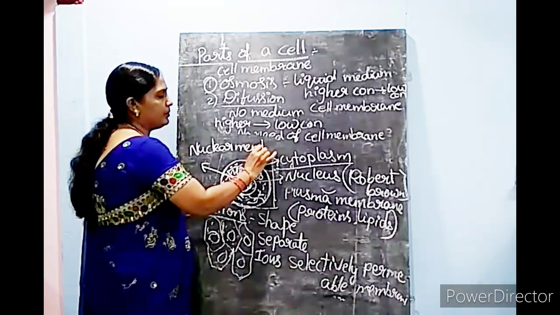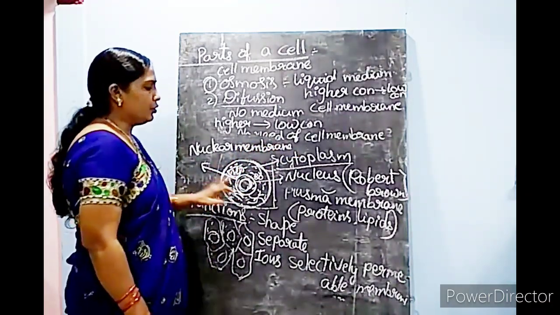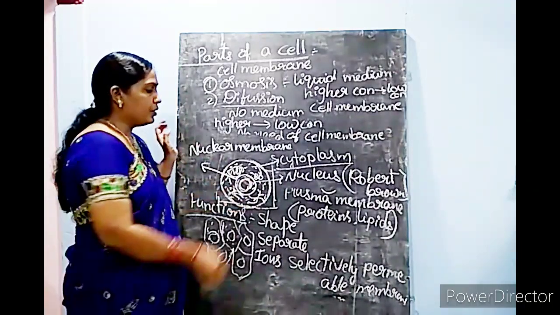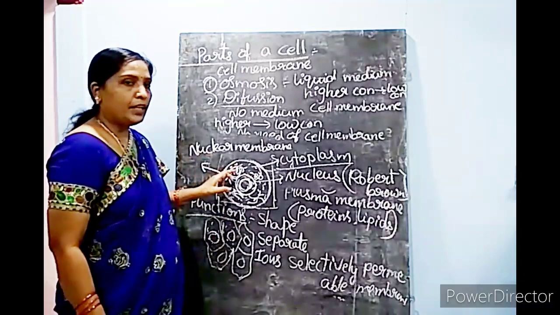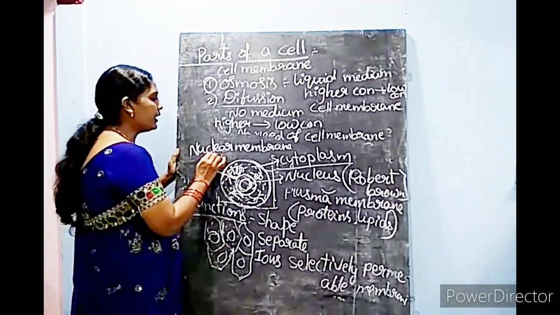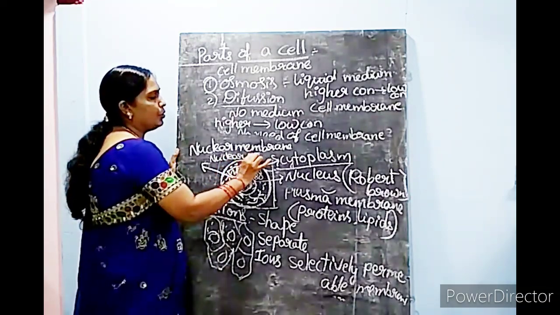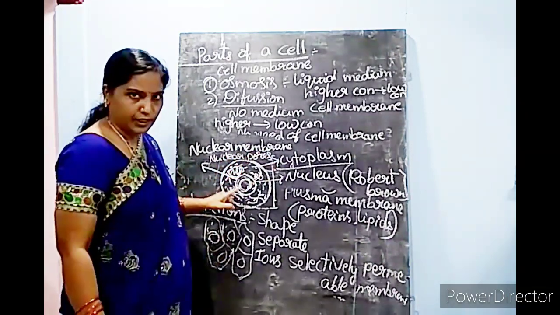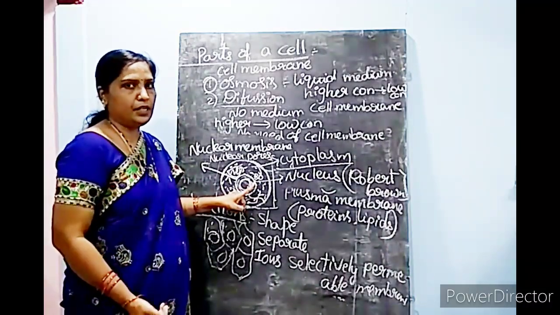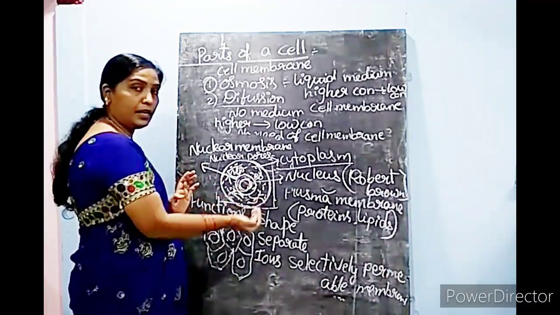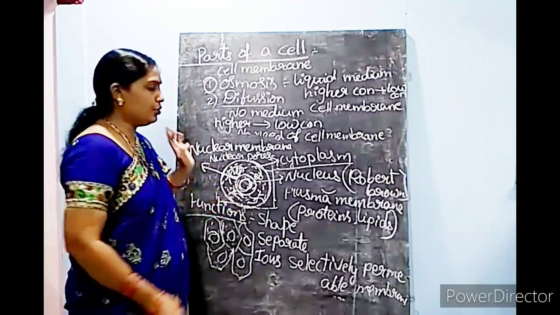The membrane which is present around the nucleus is known as the nuclear membrane. This nuclear membrane has some pores on it, known as nuclear pores. These nuclear pores help materials and ions to move from outside to inside the nucleus.